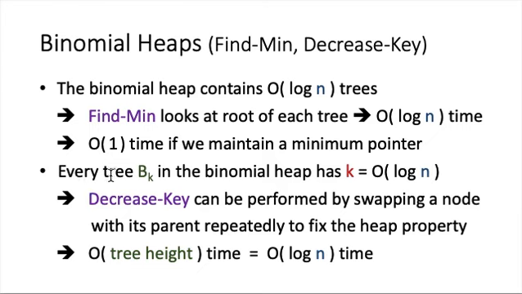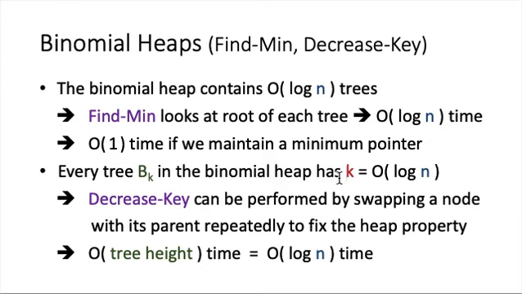Okay, now we also see that because each tree Bk in the binomial heap has k less than or equal to log of n, because the most significant digit is only at the position of log n away from the right-hand side.